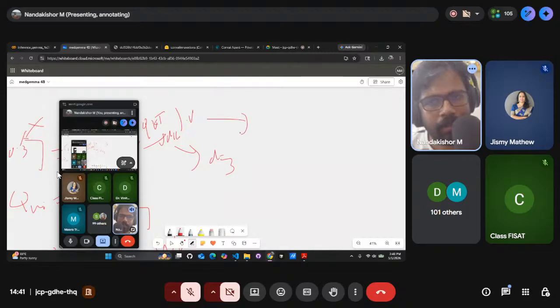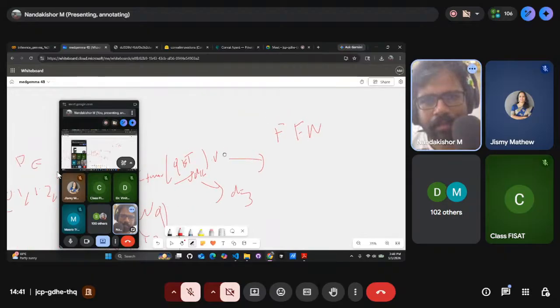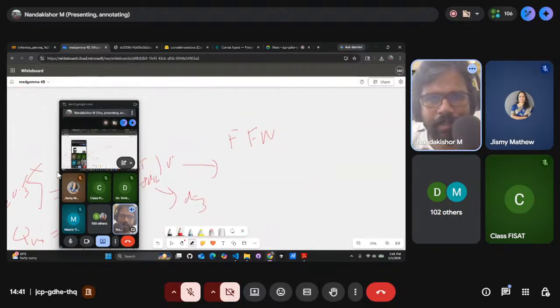Then comes the next equation, called the feed forward network, or the FFN layer. FFN is basically a very simple idea of giving non-linearity in the model. So it's a simple equation.